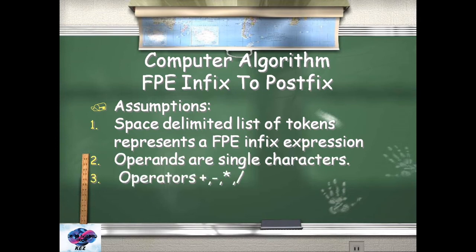The space delimited list of tokens represented in FPE. FPE full form is already discussed. And in the infix expression, the operands are single characters and the operators are plus, minus, multiplication and division. This all we have to take as an assumption.